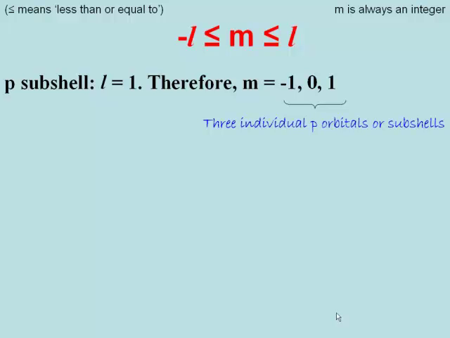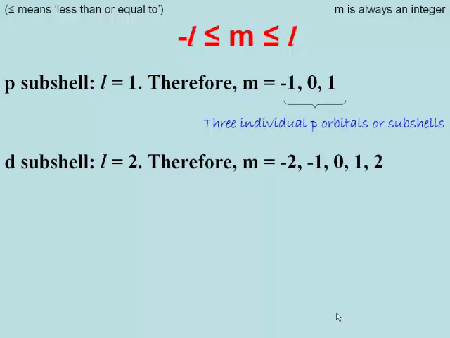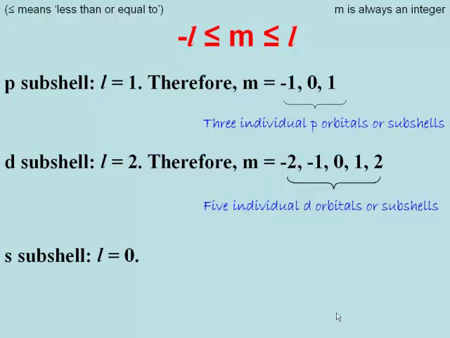For the d subshell where L equals 2, m can take the values negative 2, negative 1, 0, 1, and 2. So here we have 5 individual d orbitals. Let us now look at the s subshell where L equals 0. It follows that m equals 0 as well. So the s subshell only consists of 1 orbital.